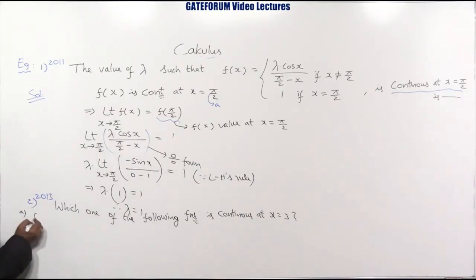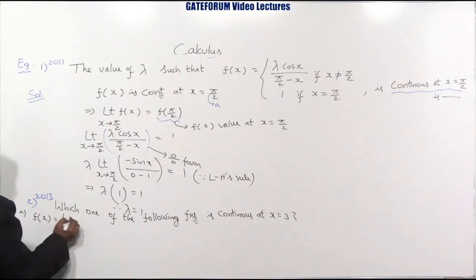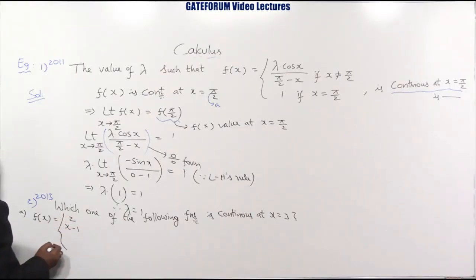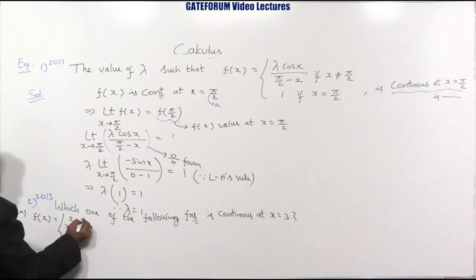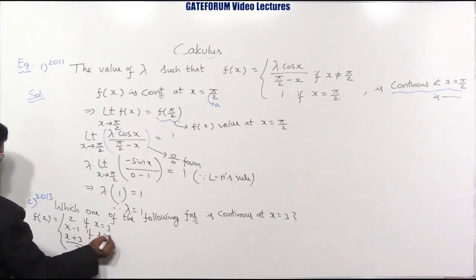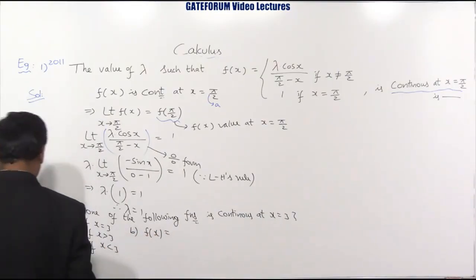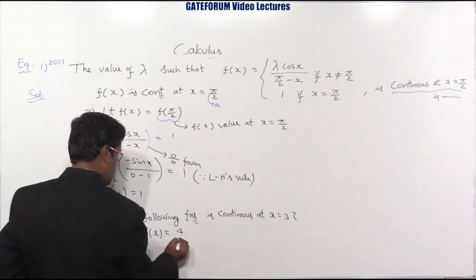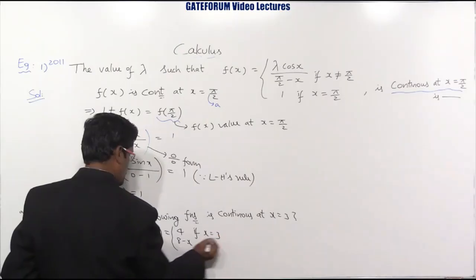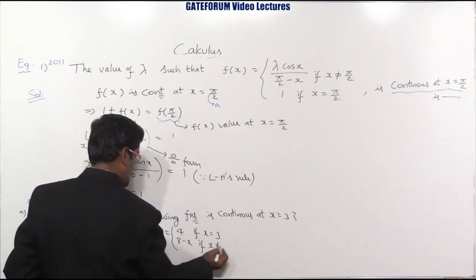A. f of x is equal to 2x minus 1 if x is equal to 3, x plus 3 by 3 if x greater than 3, if x less than 3. B. f of x is equal to 4 if x is equal to 3, 8 minus x if x not equal to 3.